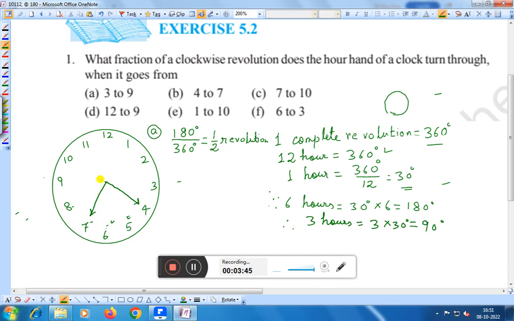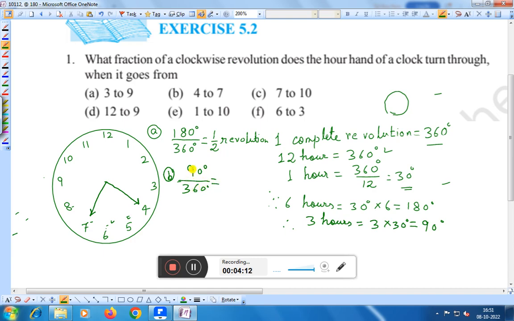Okay, 90 degrees goes, what is the fraction? Let us find the fraction. That is question number B. You say 3 hours mean 90 degrees, 90 degrees by 360 degrees, right?